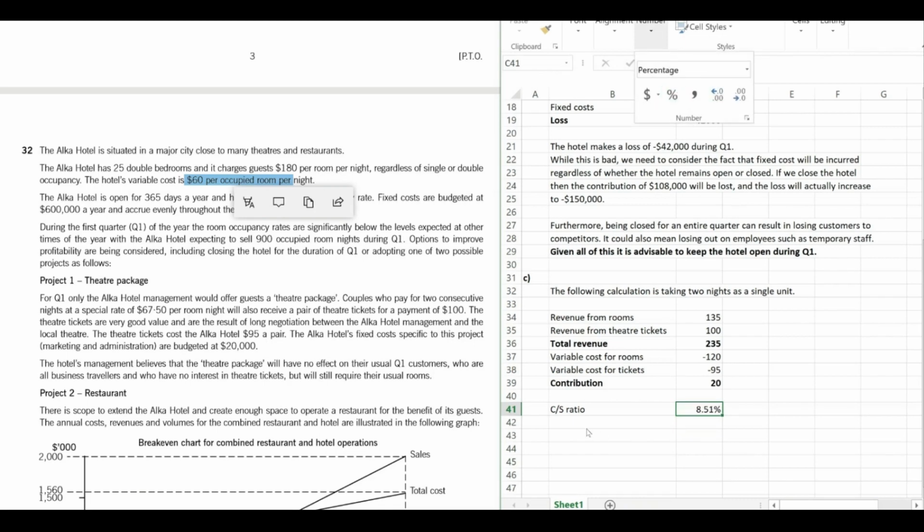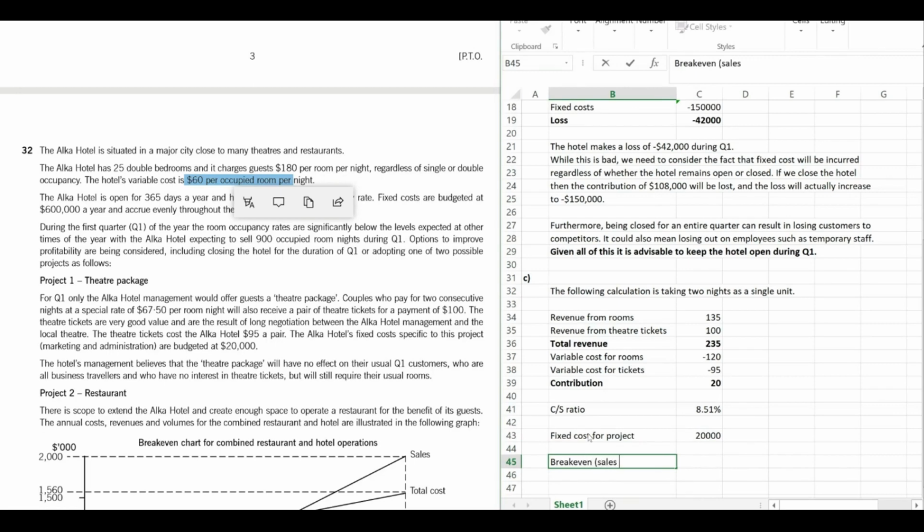Okay, 8.51%. And our fixed cost for this project was $20,000. So our break even in terms of sales revenue is going to be this 20,000 divided by the 8.51%, $235,000 in revenue. Okay, but that's not in terms of rooms, and we need to look at how many rooms this is. Well, we can find that easily.